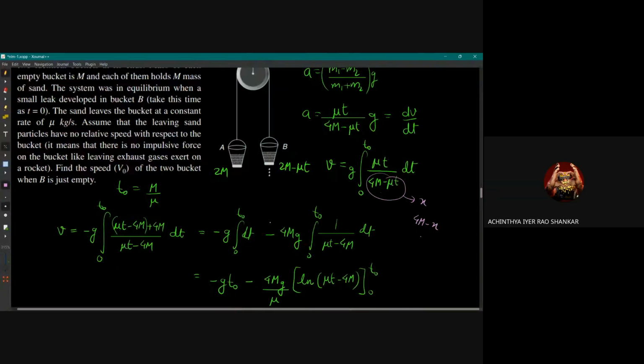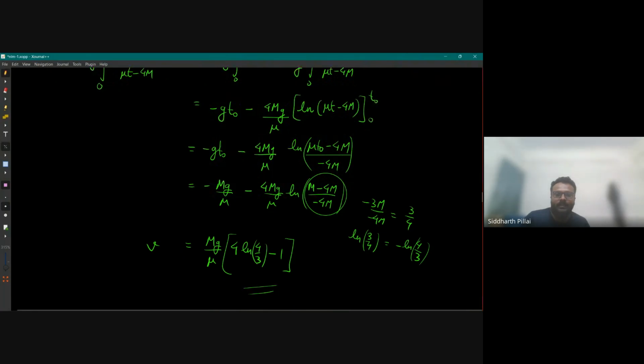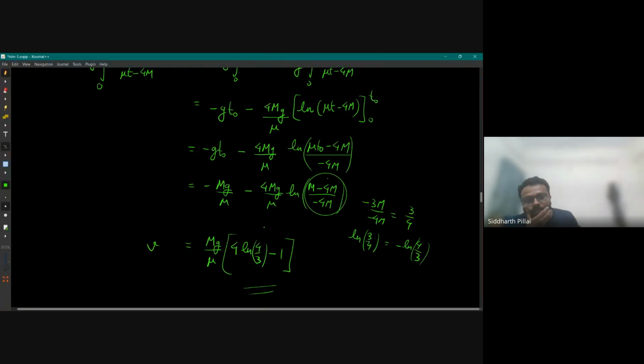And then you can split it into a few steps again. The last few steps are just calculation I've written. Just look at it. I substituted the limits, right? Upper limit is t naught, lower limit is 0, so you get 0 minus 4m.